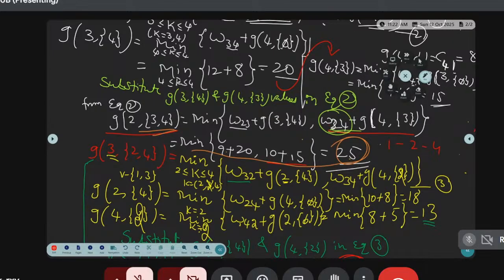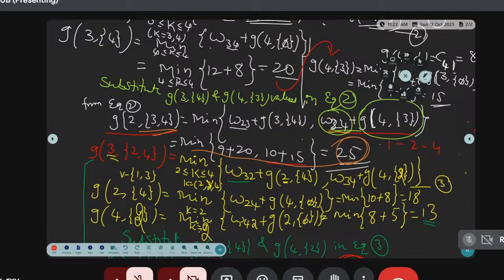W24 says that 2 to 4. But after 4, 4 to 3 directly, the remaining one after 4 is 3. Or else you can check what is this G of 4 comma 3. Then you have calculated G of 4 comma 3.